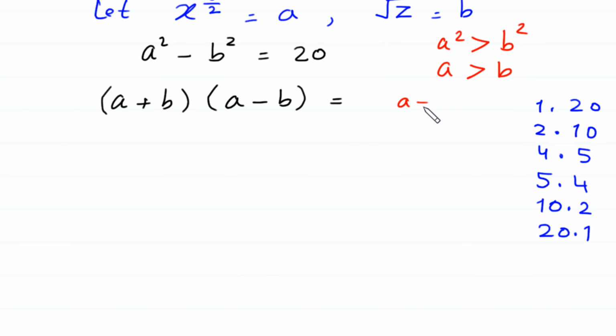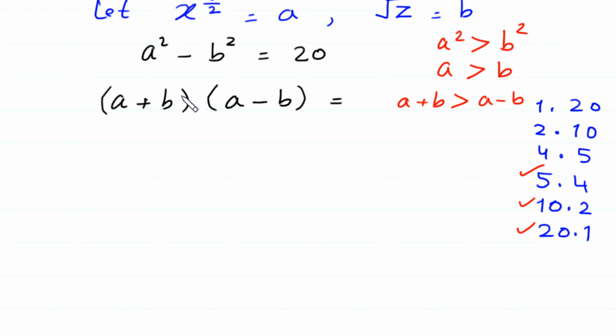So a plus b will be greater than a minus b, and from these factor pairs we select only those pairs where the first factor is greater than the second factor. Like this 5 times 4, here this 5 is greater than this 4, and this 10 times 2, here this 10 is greater than this 2, and this 20 times 1, where this 20 is greater than this 1.